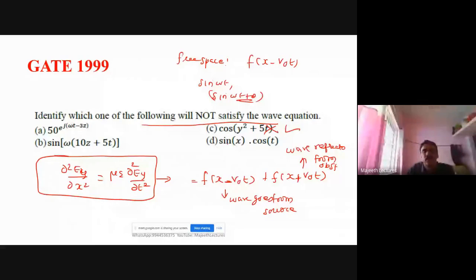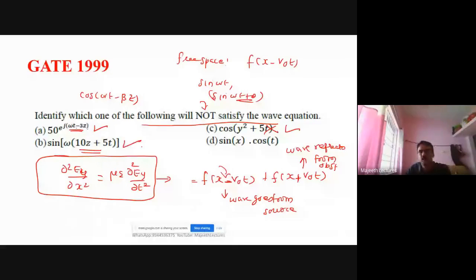Why? They ask for not, so this is the wrong answer. How? You see cos omega t minus beta z format. Hope you all remember. Like this, f of x minus v naught t. So it is a wave equation. Here also you see some omega t or vt plus some xyz, so it is also a wave equation.